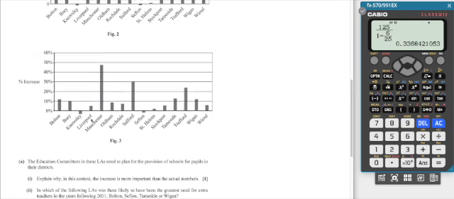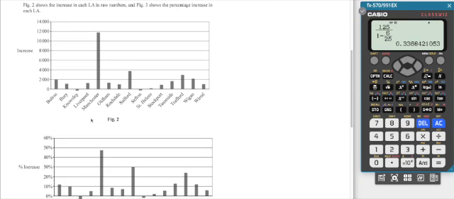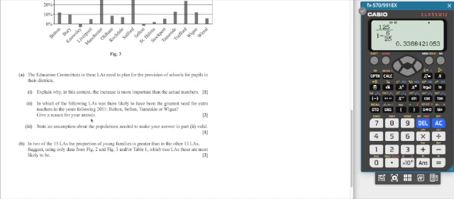Because we need to know how many actual extra school places we need to find. Okay, we already have chairs for the existing people. We need school places for all these new people. So I think I'd write something like that.